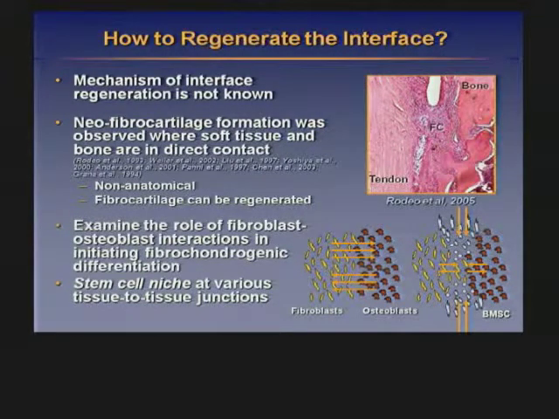Some of the hypotheses that were formulated are that the interactions between the cells from the soft tissue and the cells from the bone tissue, their communication, is critical for initiating the repair response. And more importantly, their communication is important in inducing the differentiation of stem cells, who actually are ultimately the ones repairing the interface itself.